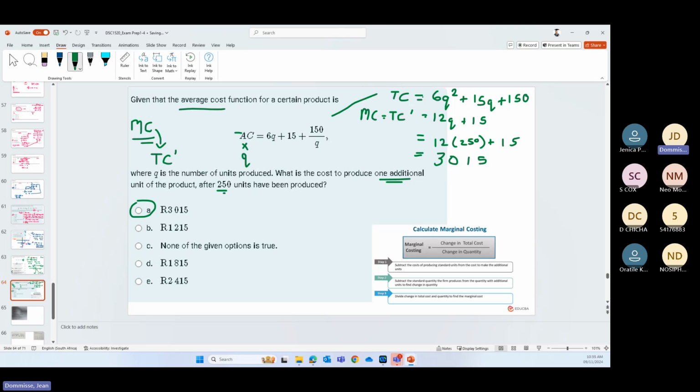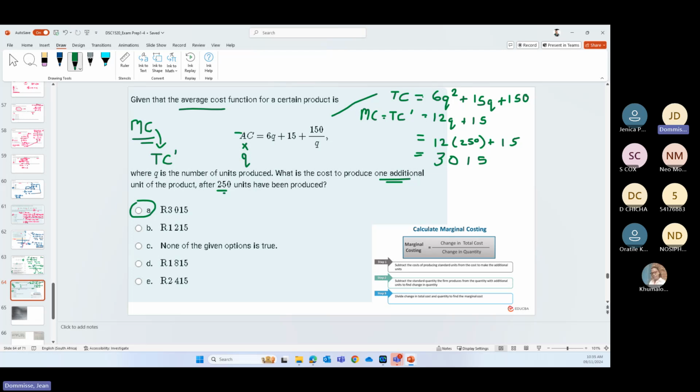How to get to marginal cost is from average cost, multiply by Q to get to total cost. Total cost, we take the first derivative, and that is then your marginal cost. I know in the study guide, I think study unit 6, 7, or 8, there's that nice table with nearly the formulas that says go from your total cost, average cost, marginal cost, all those kind of things.